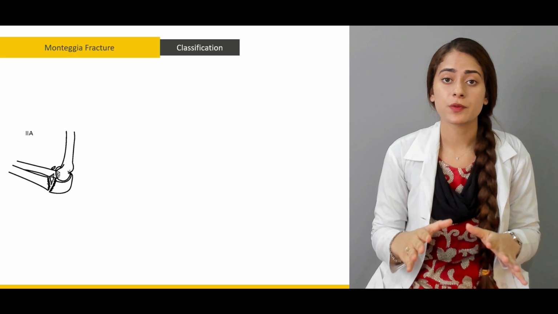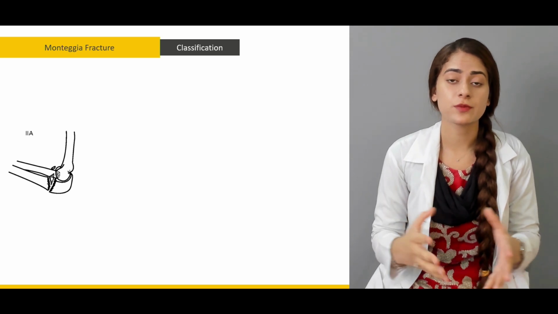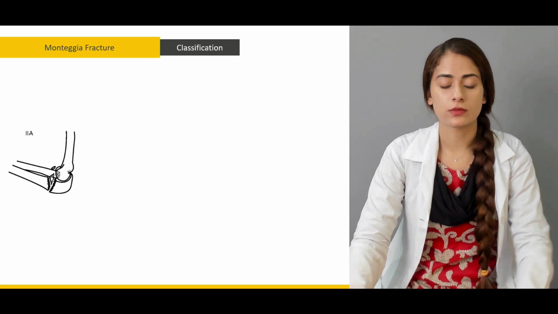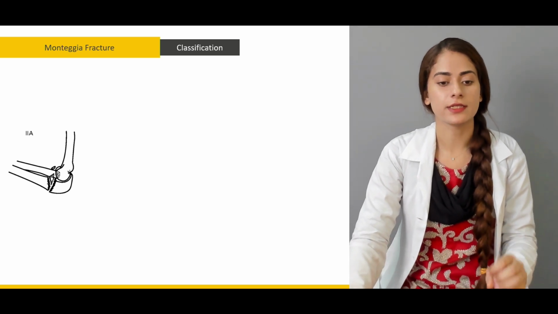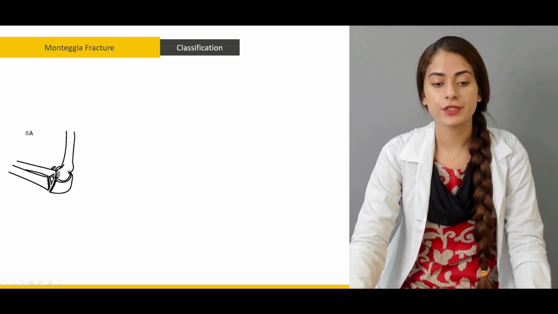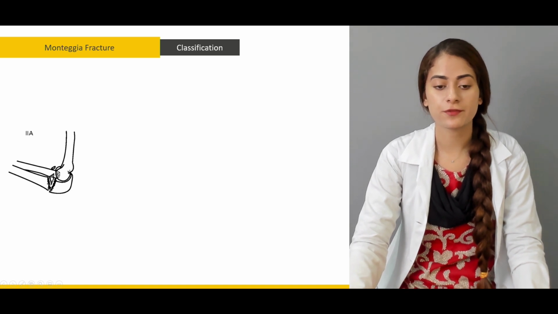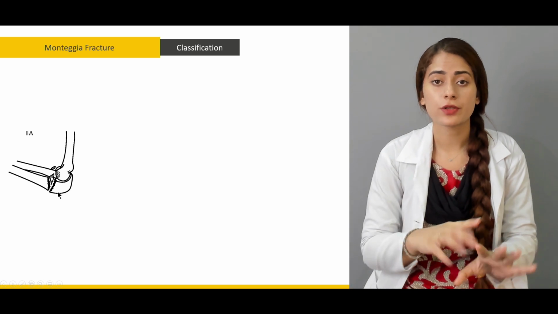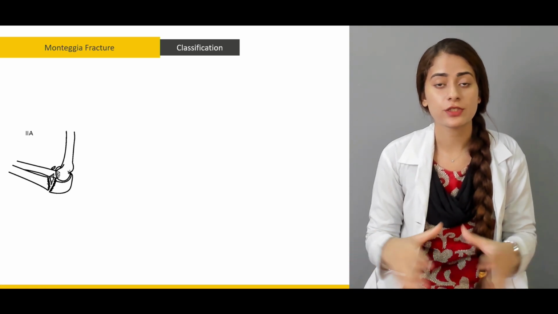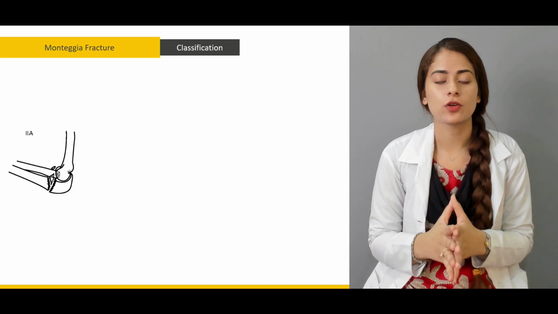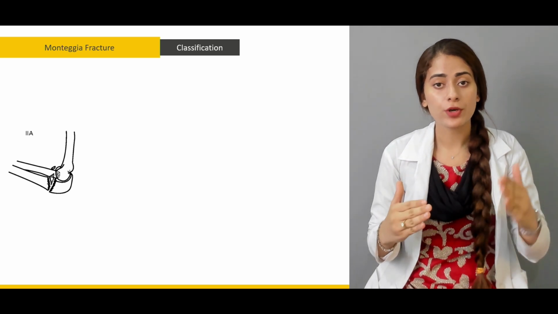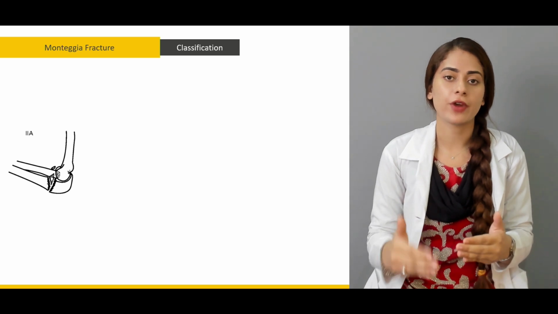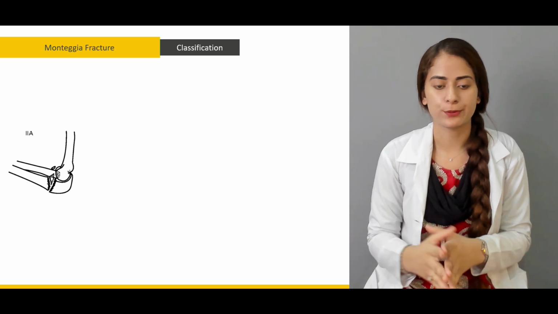It might not look like a displacement in acute conditions, but if you look closely, there are always signs. So this is the olecranon complete fracture here, and also fragments. So in all of the Monteggia fractures, there are fragments of bone, but the more the bone involvement, that is how you grade it into A, B, C.